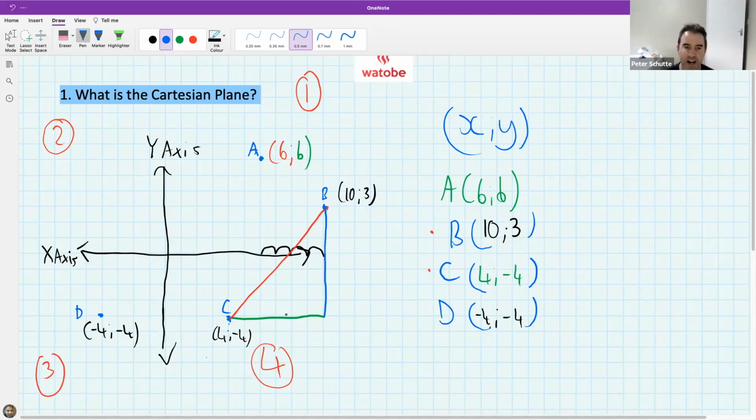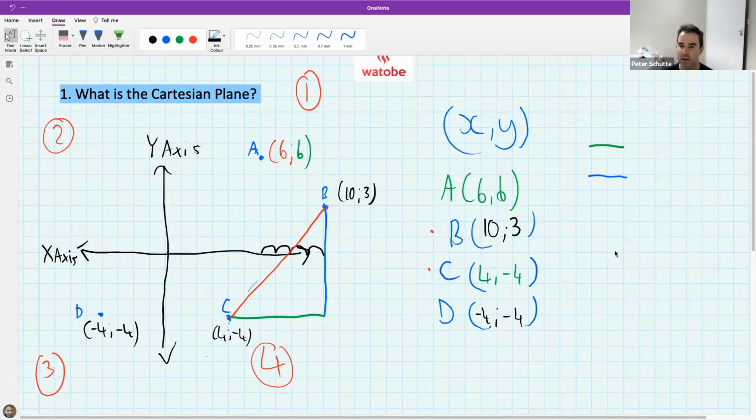And so if we can work out what the green bit is and what the blue bit is, that can help us work out BC or CB, the distance. Can you tell me by inspection how long is the green line and how long is the blue line? And I'm looking at this triangle here. I want to see, can you tell me by just looking at it, how long is the green line, how long is the blue line?